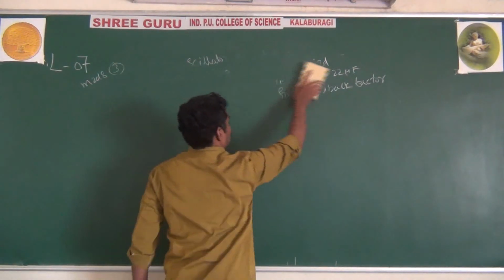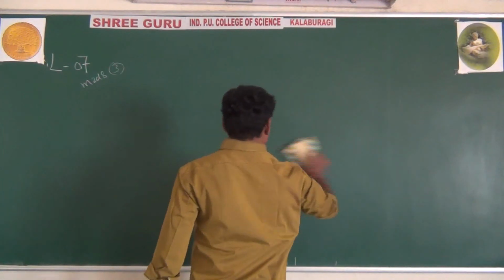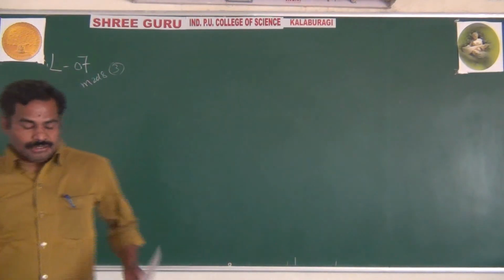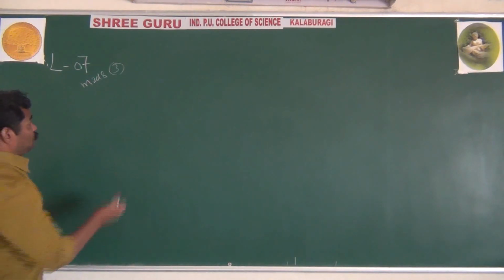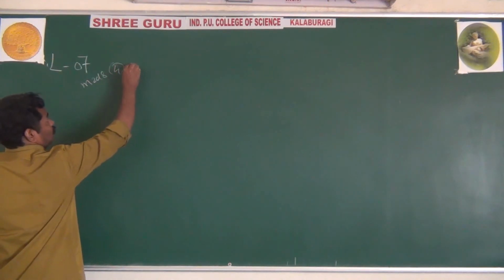In physics, the problems are more complicated. But in electronics, if you know the formula, you can easily calculate the values. Next one is the Hartley oscillator, that is problem number 4.